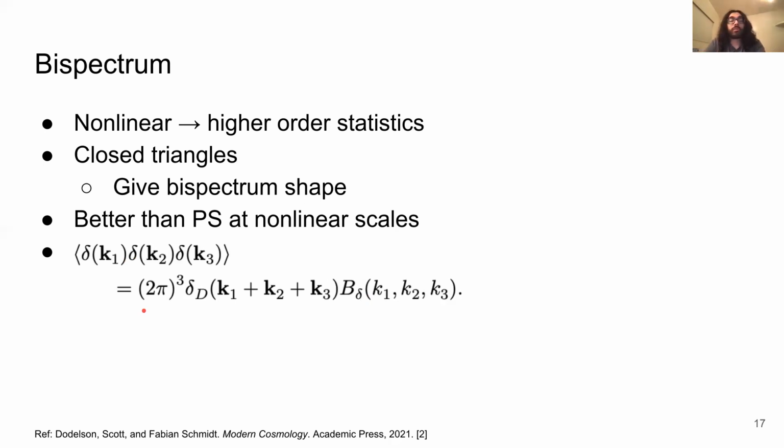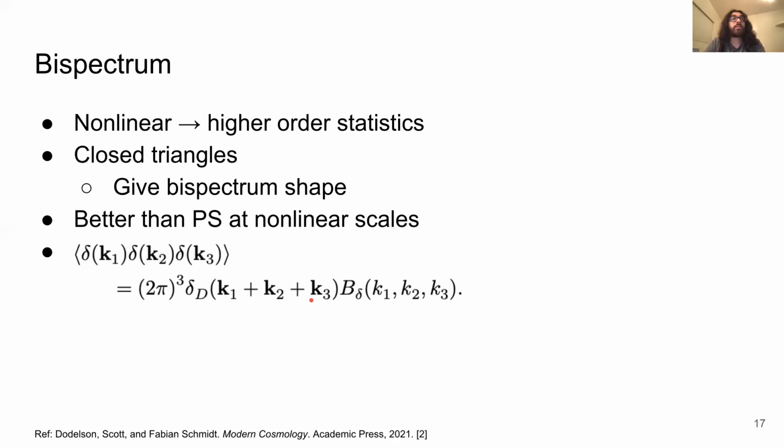Now, this bispectrum is actually pretty useful, as we'll see, and can at times be an even better statistic than the power spectrum for the purpose of cosmology at nonlinear scales.